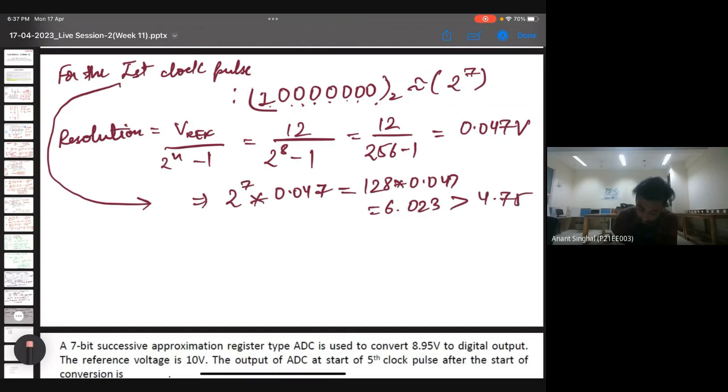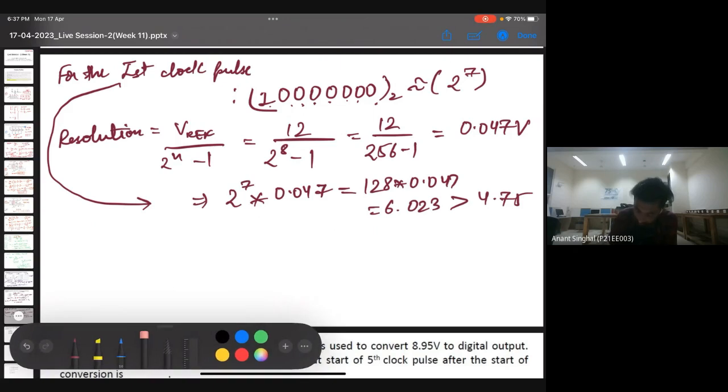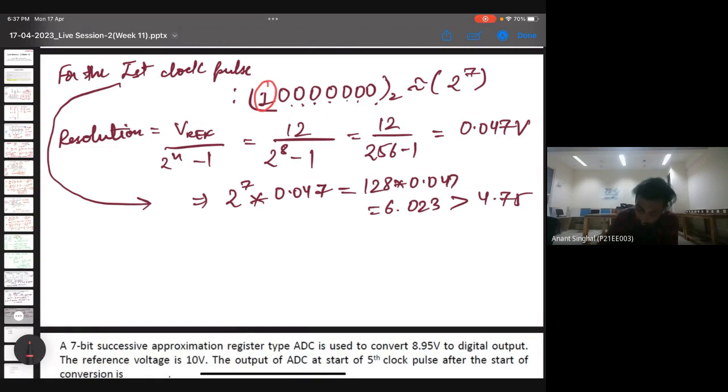This one will get discarded, and this will get changed to 0, and this will get 1 in the next clock.